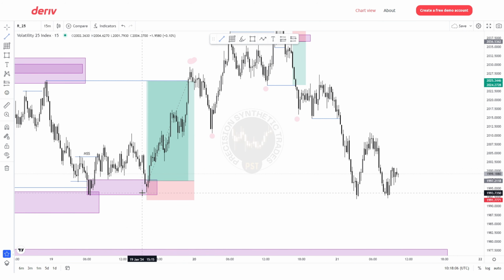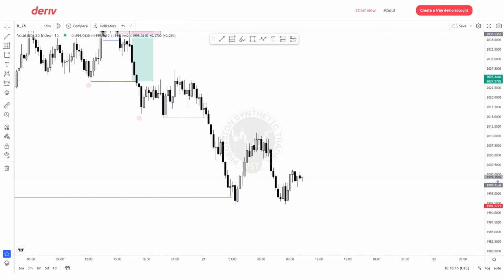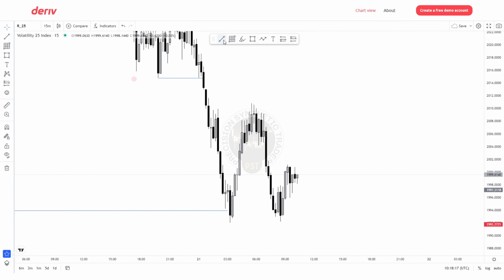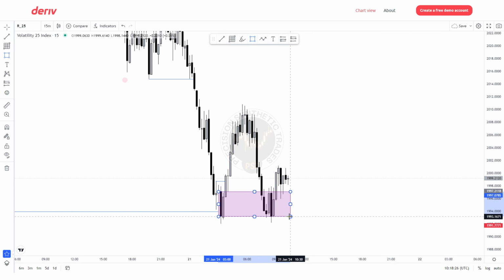So on the higher time frames, this would be your low. So what's happening now? We swept it. We have our market structure shift there. We left our order block. We tagged our order block.